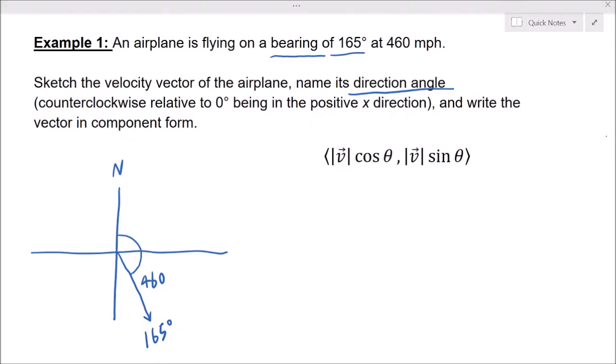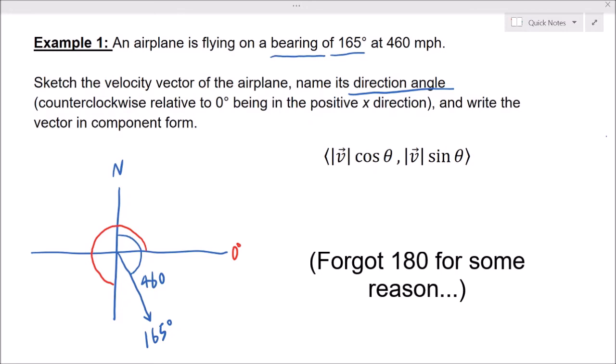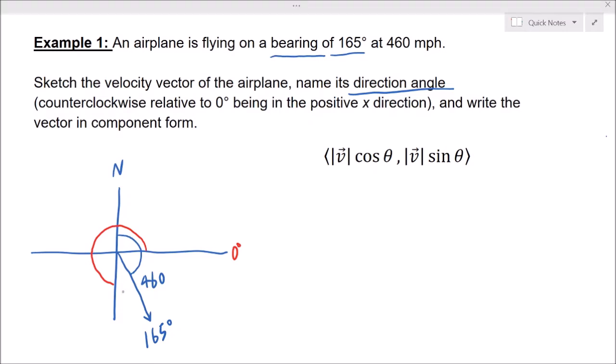So let's see. We've got the bearing, but now from 0 degrees here under our normal system, we go counterclockwise, 0, 90, 270. But then notice that 165 from north would mean there's how many degrees here? From north, south would be 180, so there's 15 degrees, 180 minus 165.